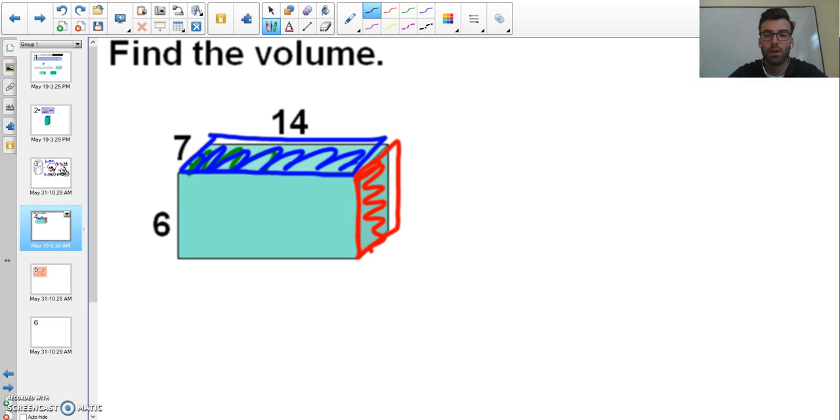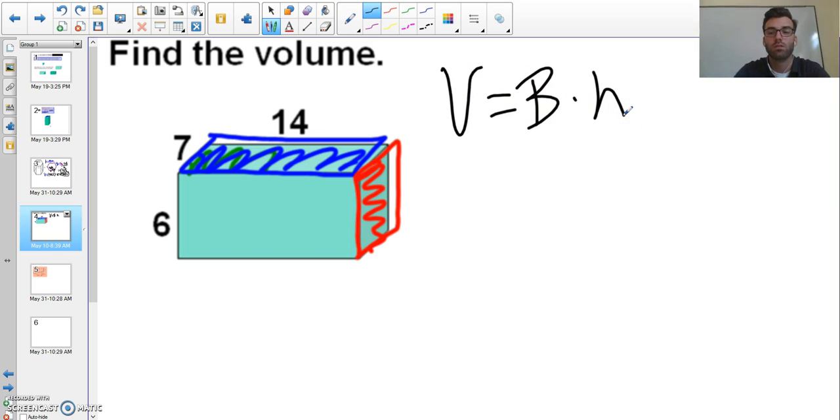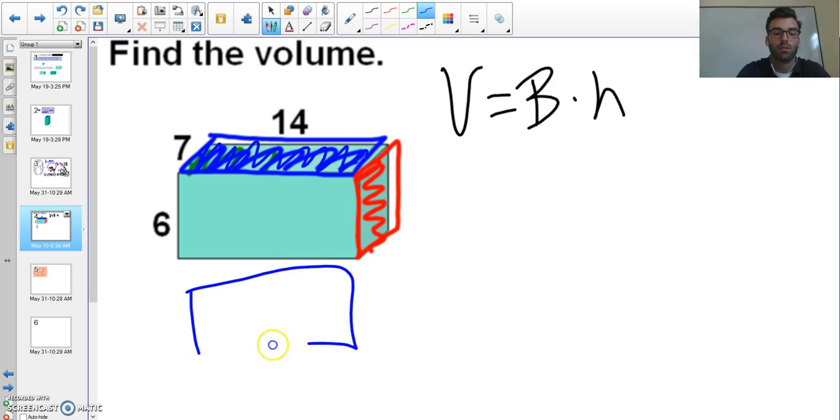So hopefully you paused that video. We're going to check your work now. The volume equals B times H. I'm going to use this blue piece as my base. The 7 and 14. Well, how do you find the area of the rectangle?